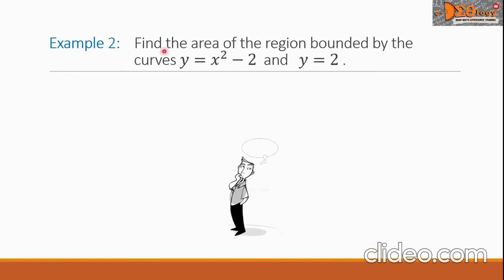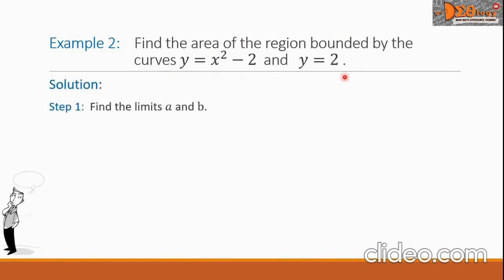Example 2. Find the area of the region bounded by the curves y equals x squared minus 2 and y equals 2. Step 1 is to find the limits a and b.